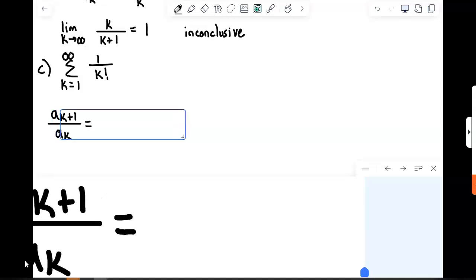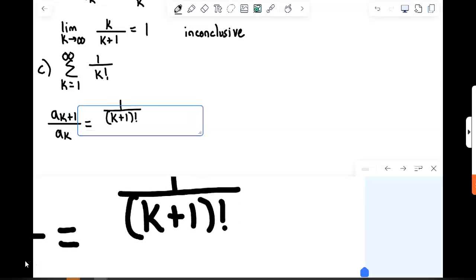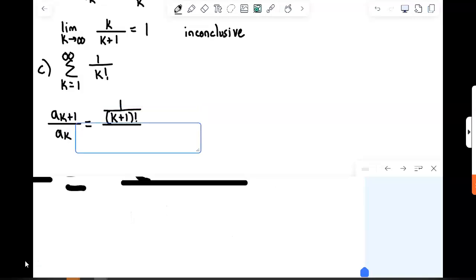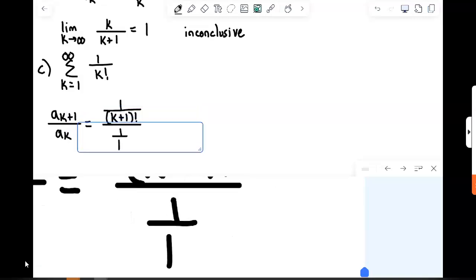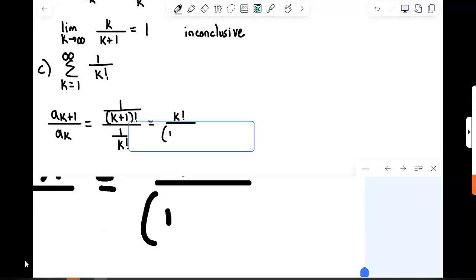That would be 1 over (k plus 1) factorial over 1 over k factorial. That would simplify to be k factorial on the top over (k plus 1) factorial on the bottom.